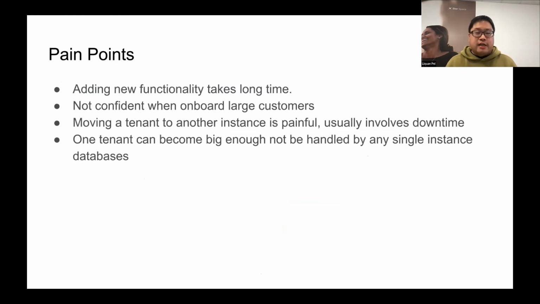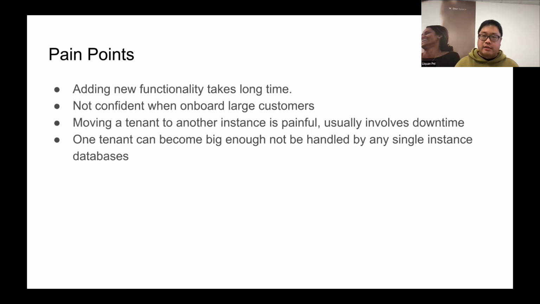Basically, adding new functionality with this architecture will take a lot of time. Simply because you are using a sharded database, when you build any kind of functionality, you actually have to be aware of the database sharding. And sometimes the sharding key may not meet your needs. One good example is Slack. Probably many people have used Slack, and Slack has a feature called Slack Connect, which allows users from two different organizations to have a shared channel and communicate with each other.